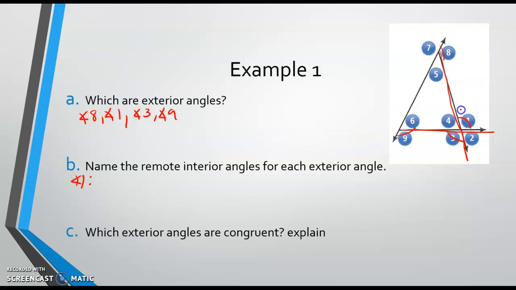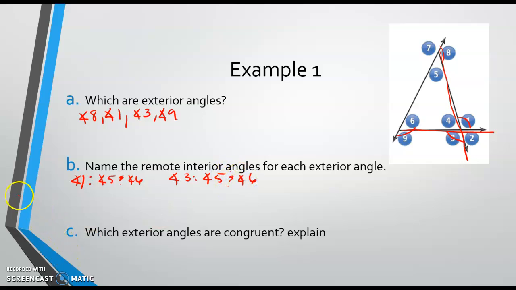It cannot be the one that is right next to it, because that's what adjacent means, so it can't be 4, which means our remote interiors are angles 5 and 6. That's for angle 1. Angle 3 is also adjacent to angle 4, meaning its remote interiors are 5 and 6 as well.